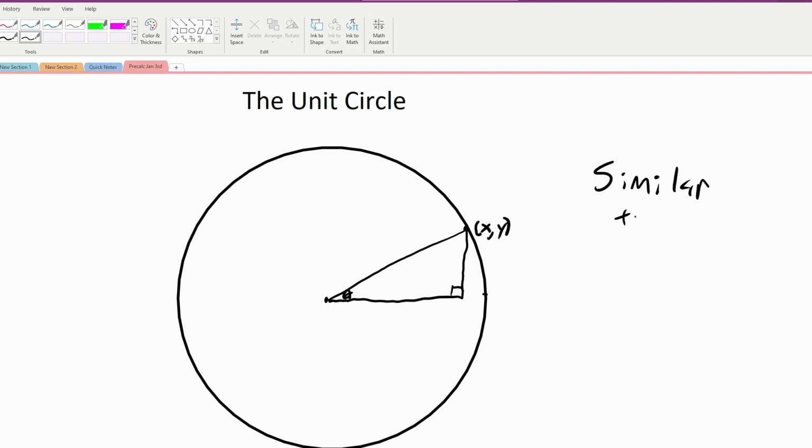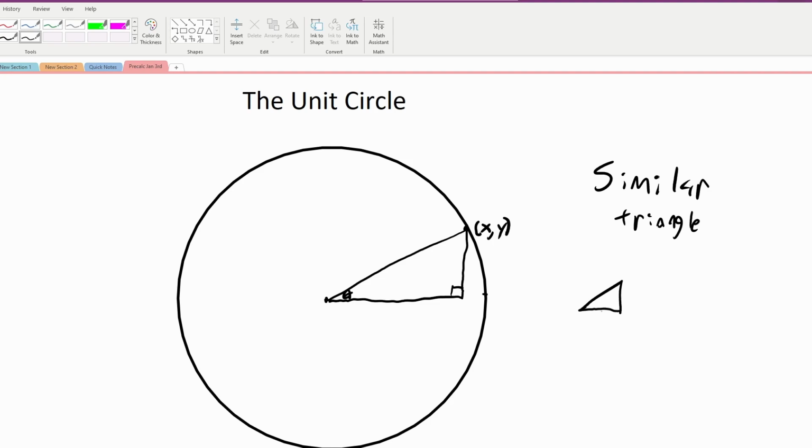So similar triangles all have certain properties, if you remember from geometry. And the main property that we're going to be exploiting here is that similar triangles can be scaled to different sizes. And based on the fact that all the angles are going to be the same, the scaling has to be proportional.